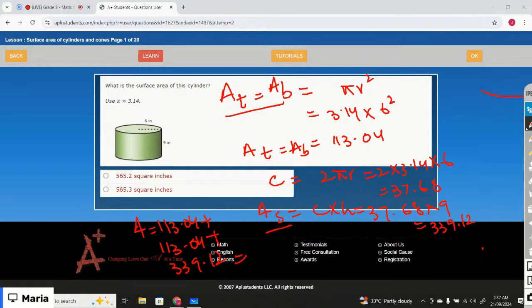So the correct option is option number 1, that is 565.2. Okay, so let's just move on to the next lesson.